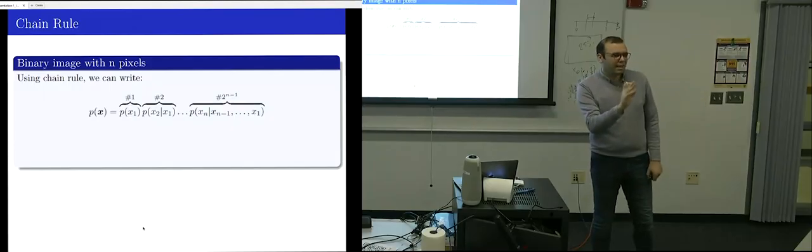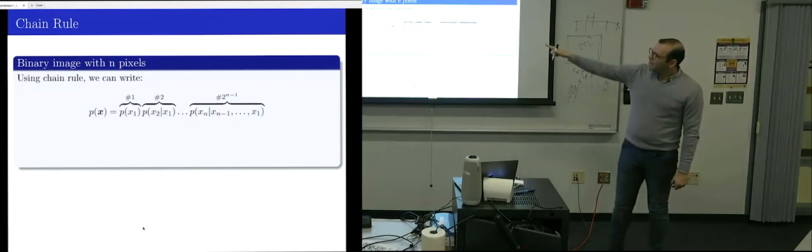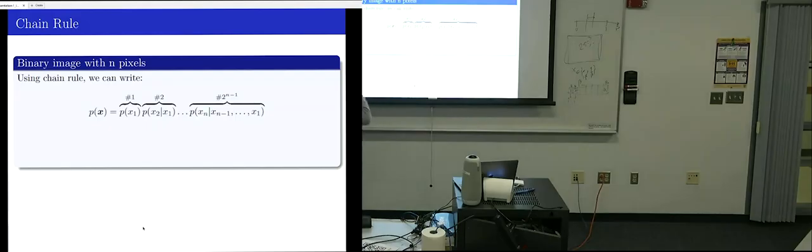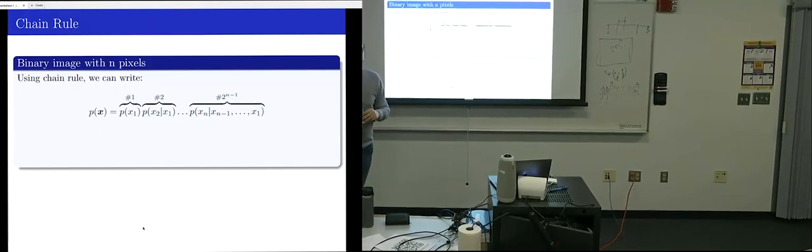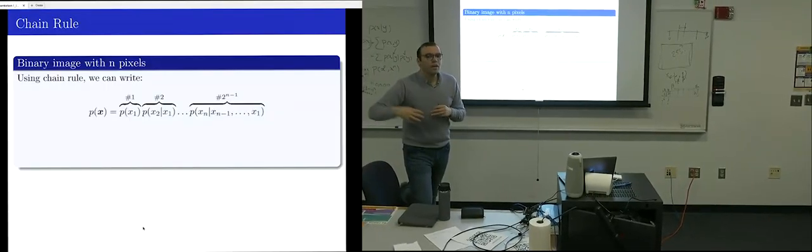What does that mean? Assume I said that each pixel is just correlated with the previous one. Not the whole previous, just the previous one. This is another family. The first family was that each pixel is correlated with the whole previous. The second is correlated with none of them.